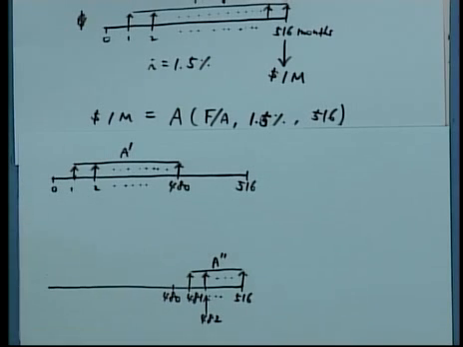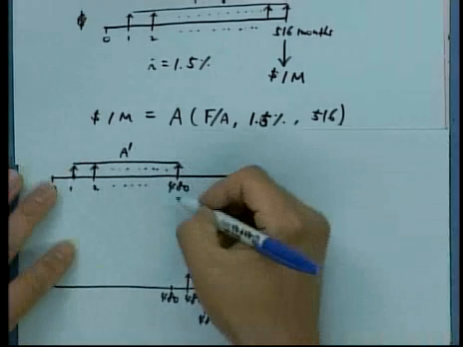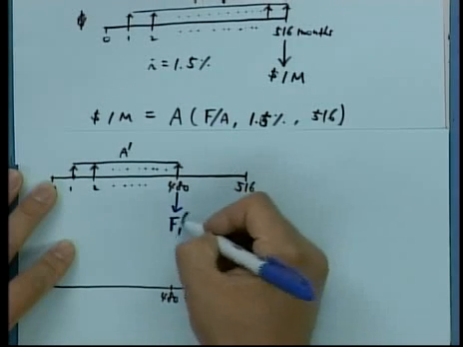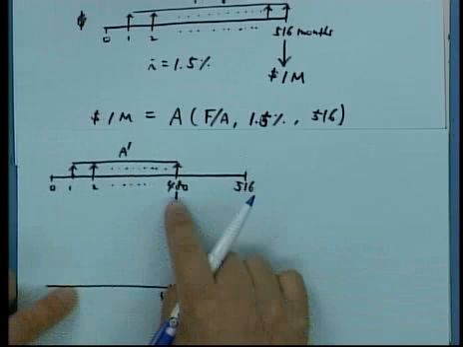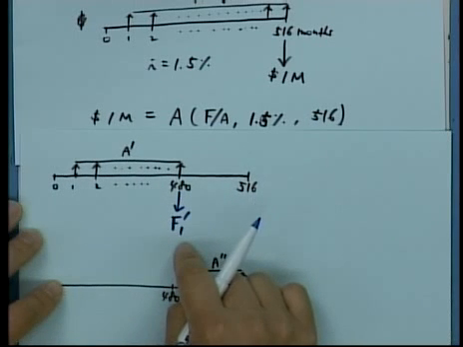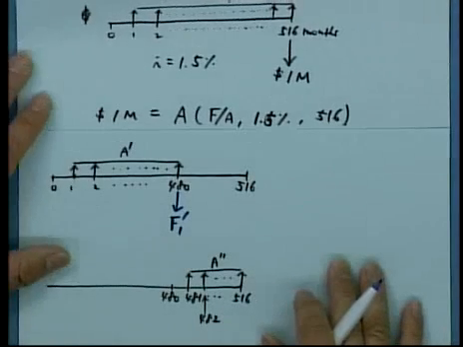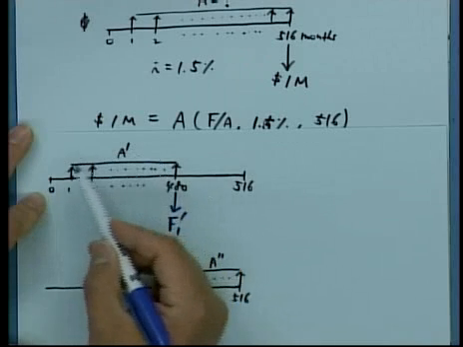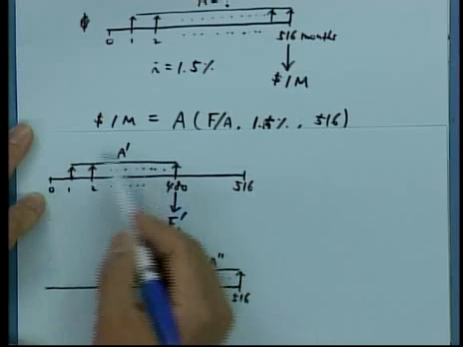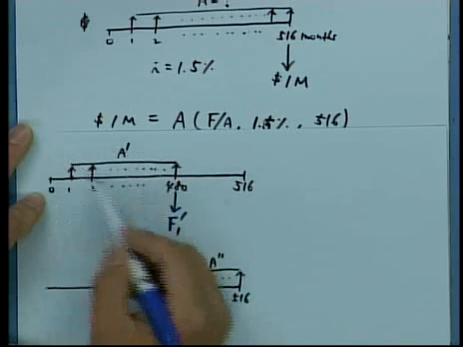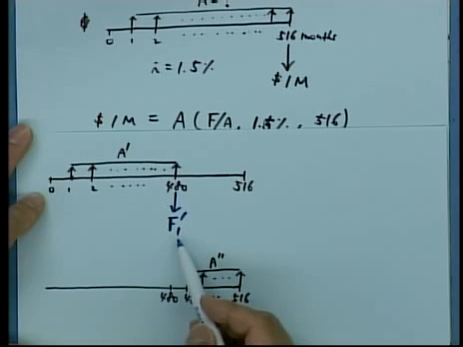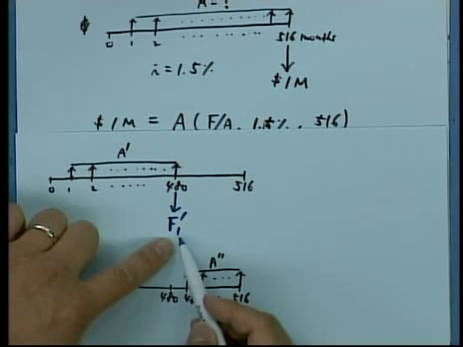So here, if I set F prime, let's say F1 prime, at the end of period 480, then this uniform series for the first 480 month periods can be converted to the equivalent future sum, which is F1 prime.